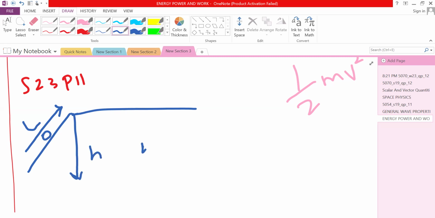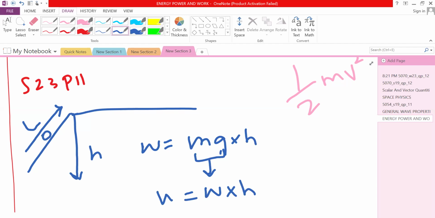In this question, you have to use the formula weight equals mass into gravitational field, W equals mg. So if the weight is given, instead of mass and gravitational field, you can do weight into height equals work. This W is work.